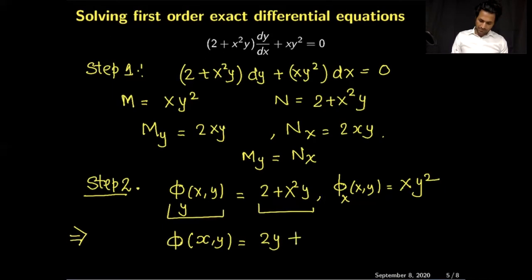So it's going to be y squared divided by 2, plus, since I'm treating x as a constant, a function of x as the constant. So the constant will have some variable x involved in it.